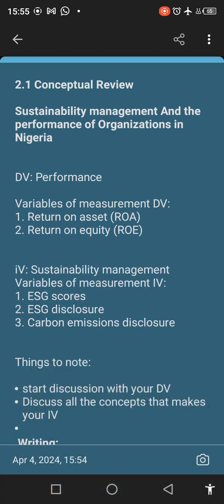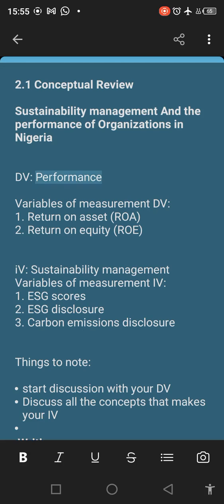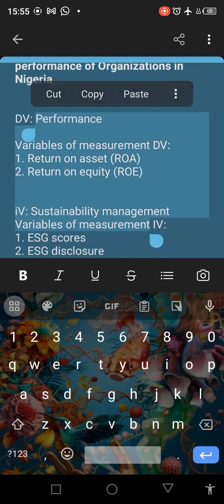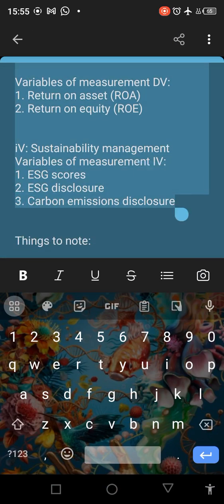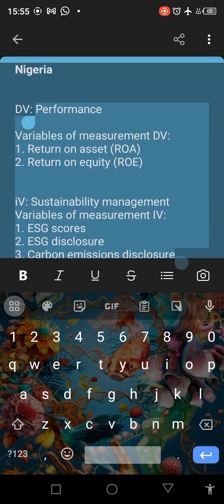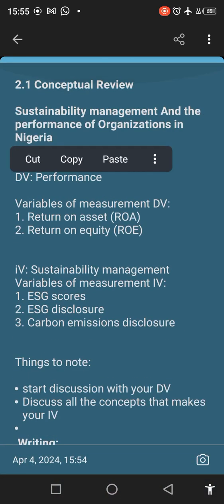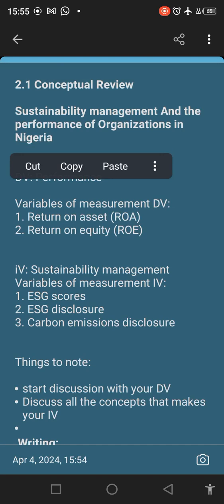Do you understand? I broke them down into variables of measurement. And these variables of measurement that you can see here are the concepts that formulate my work. They are the concepts I will be discussing all through my work.